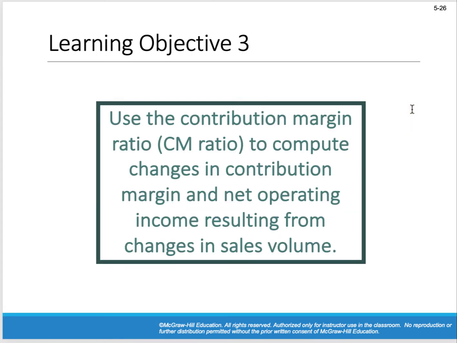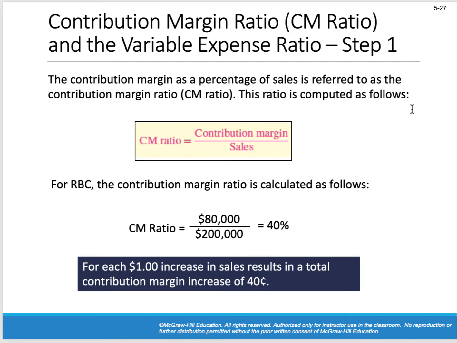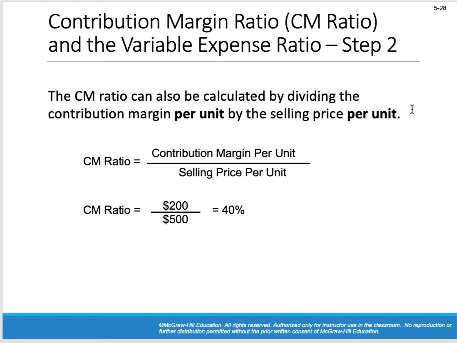We looked at the CM ratio, and we saw that the CM ratio can do the same exact thing that the contribution margin can do. We saw how to calculate the CM ratio: CM divided by sales. We saw that we can do this in total, or we can do it on a per unit basis. We still get the same CM ratio regardless of whether we do it in total or on a per unit basis.